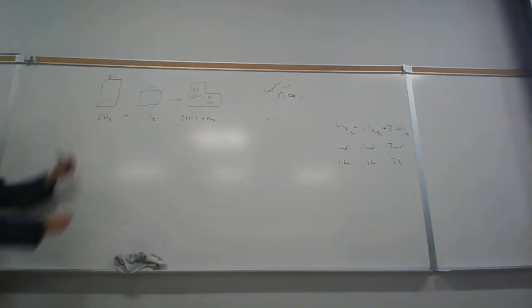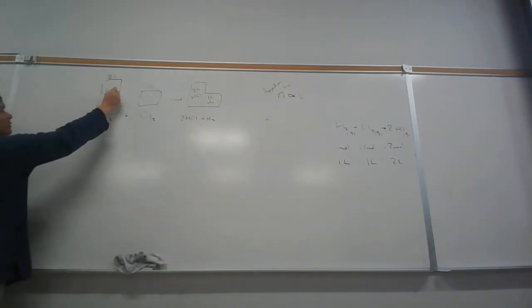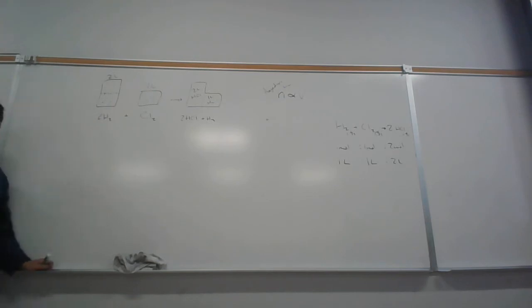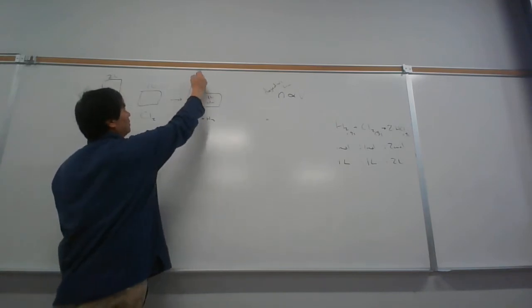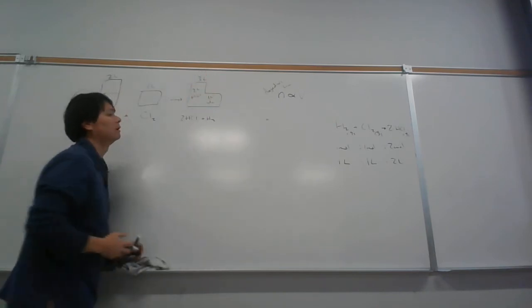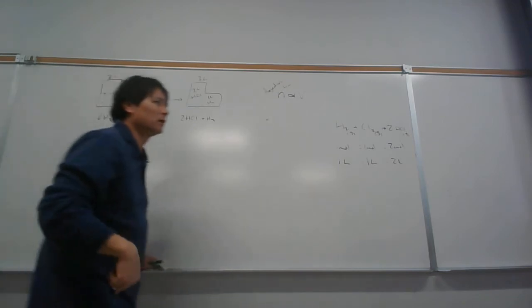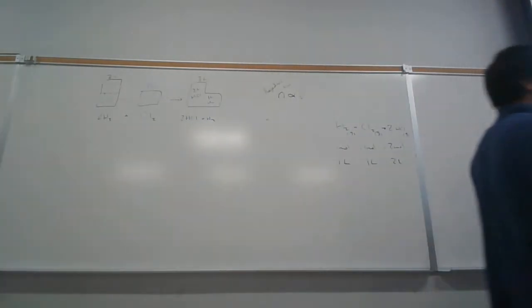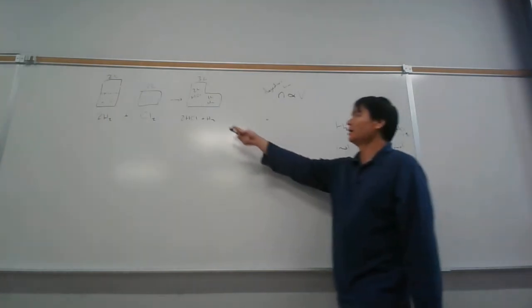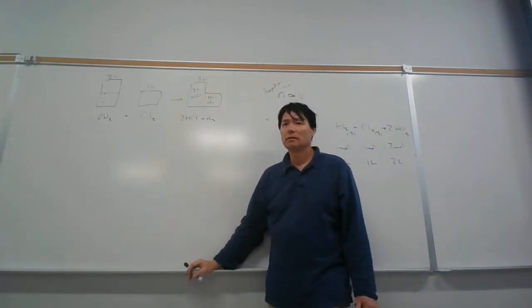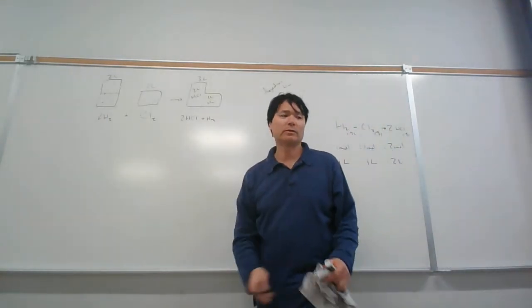There's only one of these reacted. The other liter did not. Does that make sense? So altogether, how many liters am I going to have at the end of this? 3 liters. And so visually, this is wrong. If I'm doing this using Avogadro's law, then 2 liters plus 1 liter is going to give us 3 liters. Like this, then it would be correct.